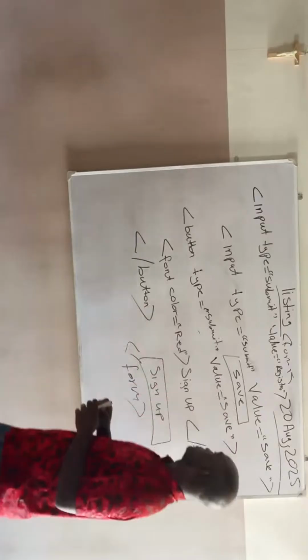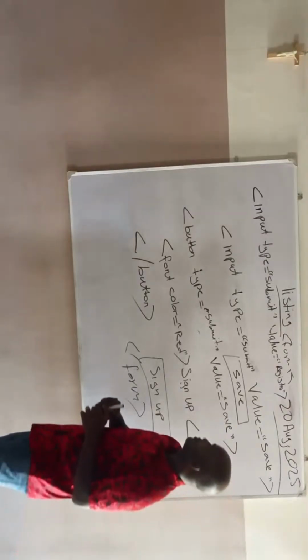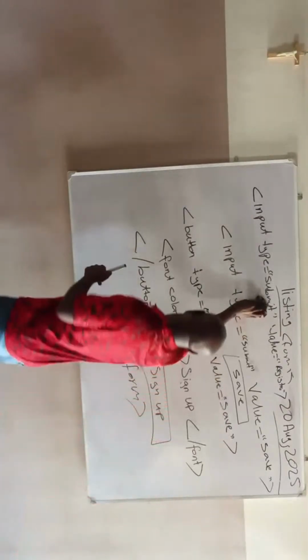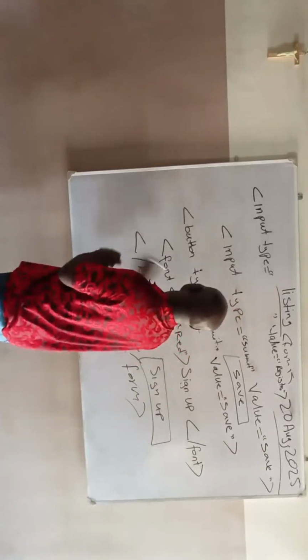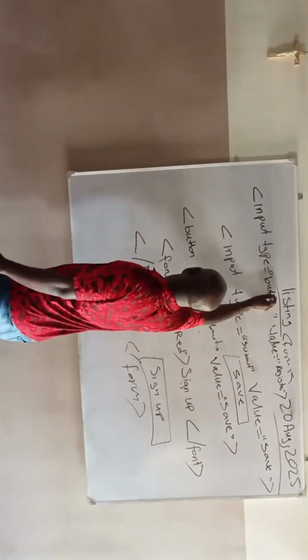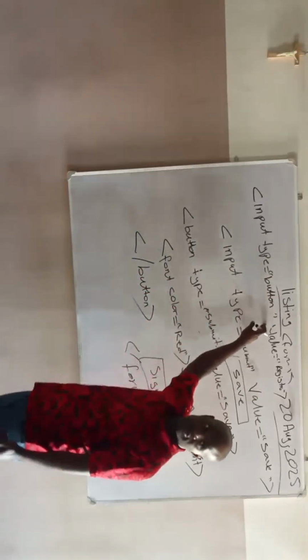Which one? Which second one? Still what I'm supposed to be button. This one with button, it's not a mistake. This one is not going to submit. You can try it out.